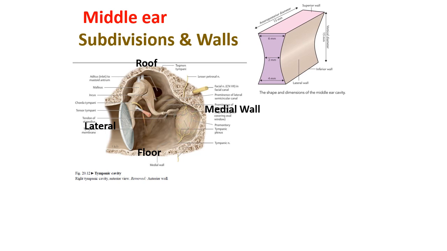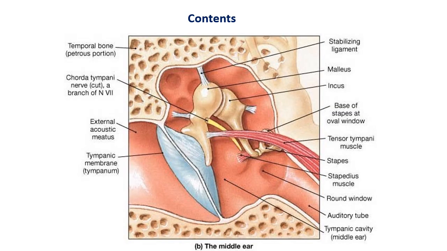Now, the contents of the middle ear are the three ossicles, that is the malleus, incus, and the stapes. The joints formed by these ossicles are the incudo-malleolar joint, which is a saddle variety of joint, and the incudo-stapedial joint, which is a ball and socket variety of joint.